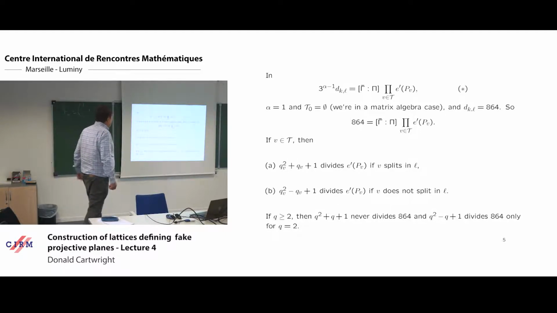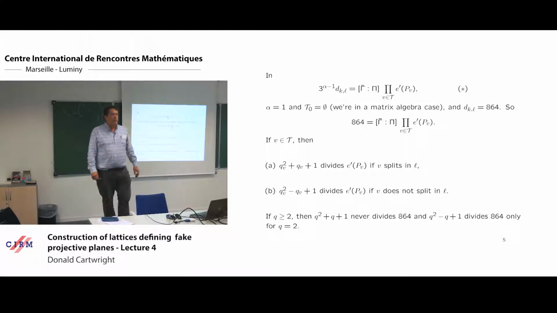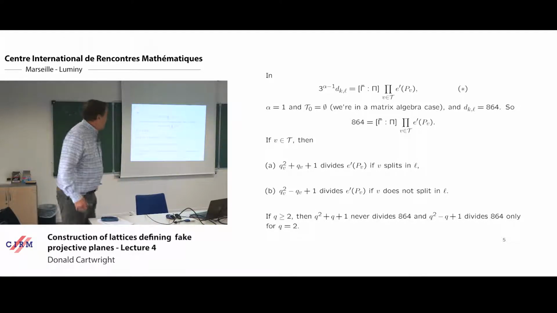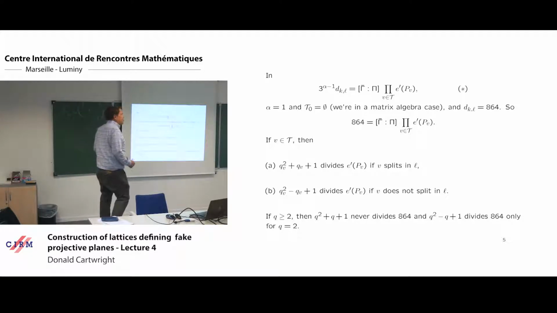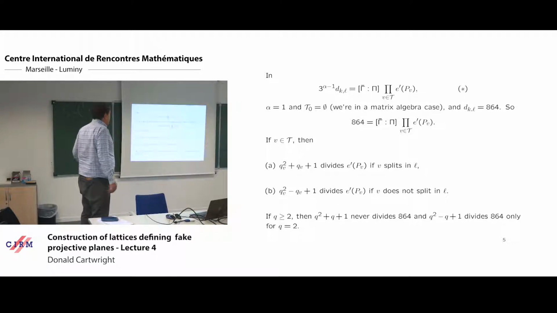So if you have any V's in T, then one of these factors has got to divide 864. And 864 is a pretty big number, but unfortunately, it's only got 2 primes in it, 2 and 3, and it turns out that q squared plus q plus 1 never divides 864, and the only prime power q for which q squared minus q plus 1 divides 864 is 2.